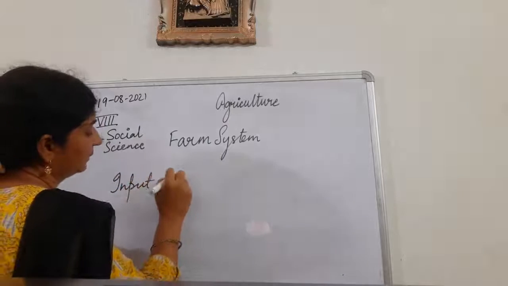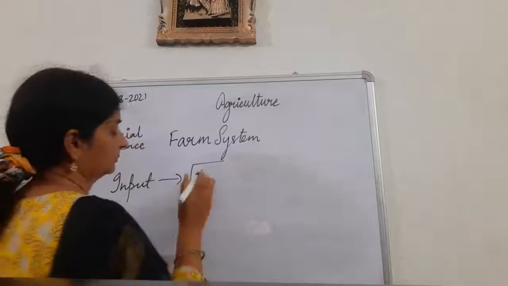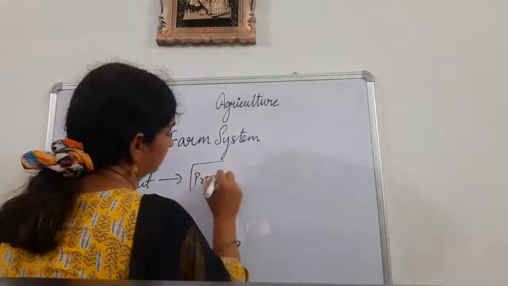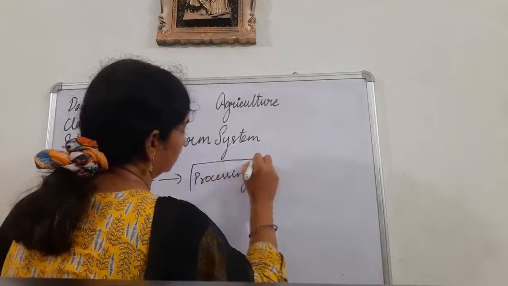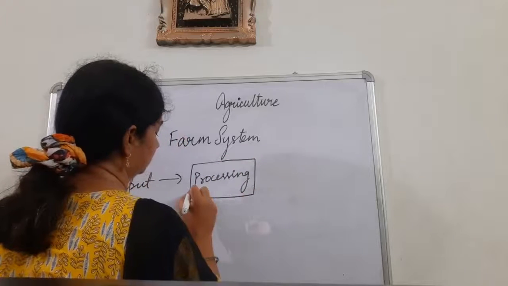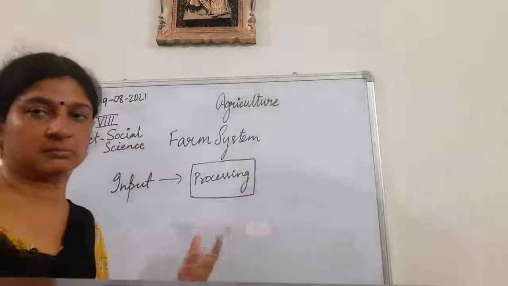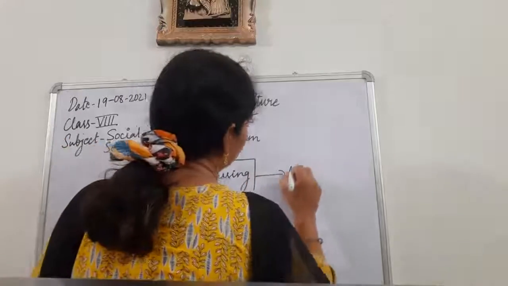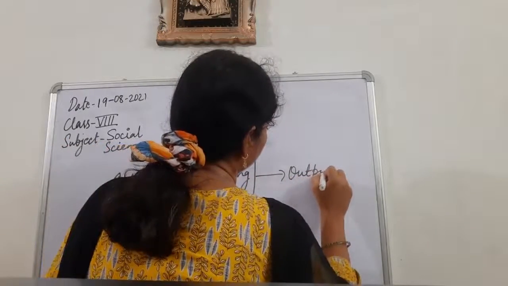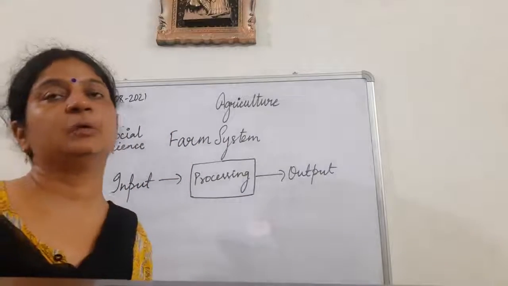Input जाता है, then processing होती है, और तब क्या निकलता है? आउटपुट. So if we consider agriculture as a system, what are the inputs?